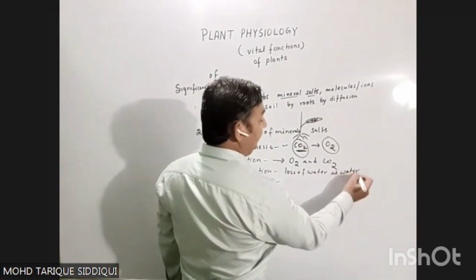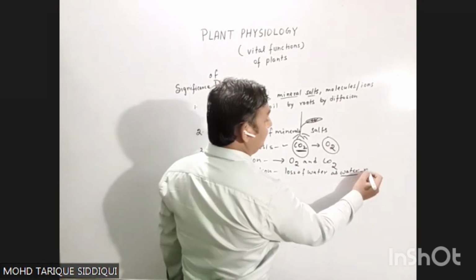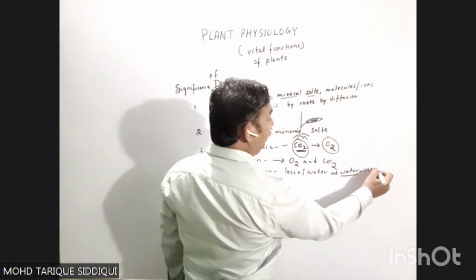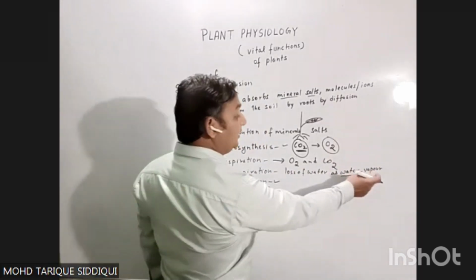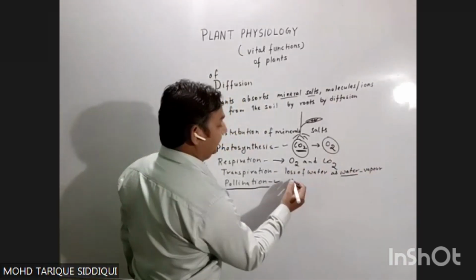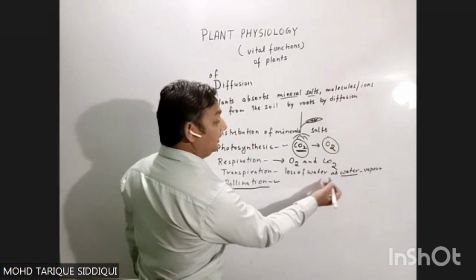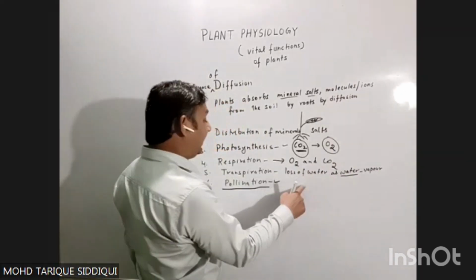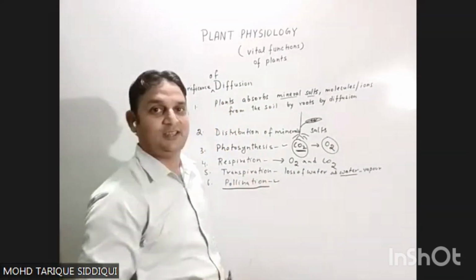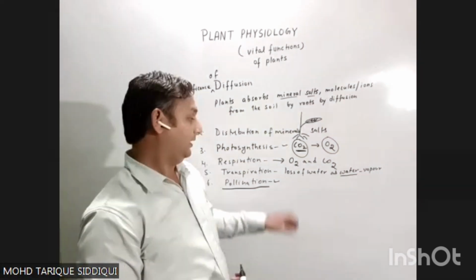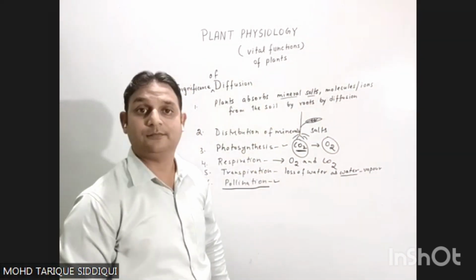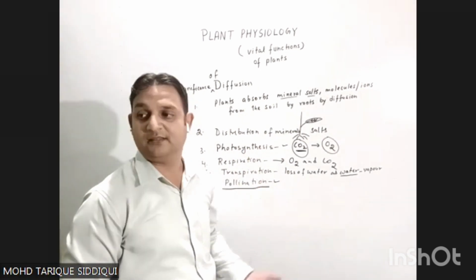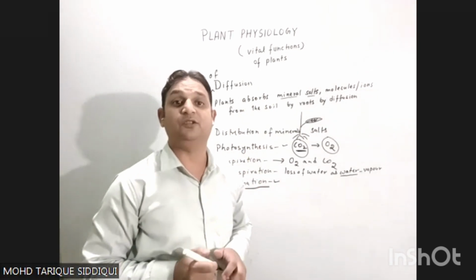It is very key that you write loss of water as water vapor in transpiration. The loss of water as water vapor through stomata by diffusion, thus transpiration takes place. So diffusion is important in transpiration also. Respiration, photosynthesis, everywhere diffusion is important.